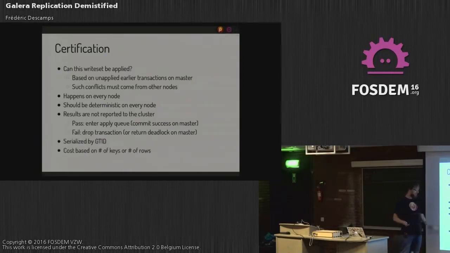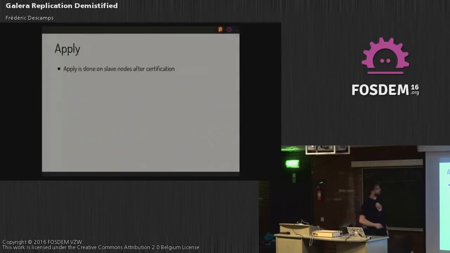And the certification is serialized by GTID. The certification has a cost, and the cost is the amount of keys or the amount of rows. So by default you're limited to 1 gig, and you can go to 2 gigabytes of changes, but you can understand that if you always have to pass and certify all these 2 gigabytes of data, it could be a lot of work.